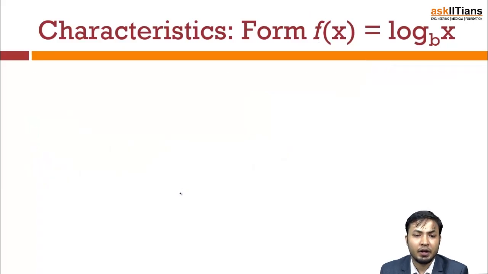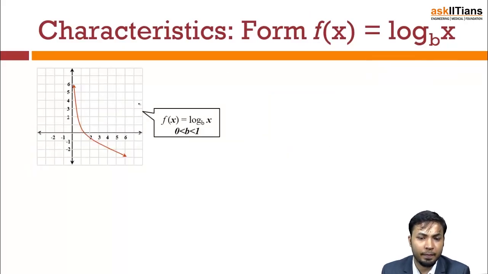Okay, let's look at it. For any function f(x) equals log base b of x, if my base lies between 0 and 1, the curve will look like this. A simple curve drawn in this form. You see the curve goes just like this. Remember the exponential curve and how it looks; this is just the opposite form of that.